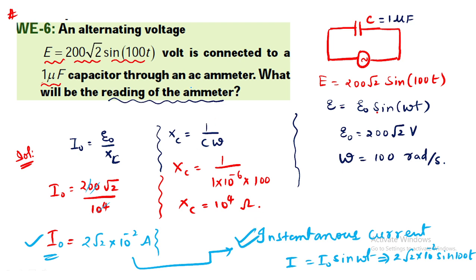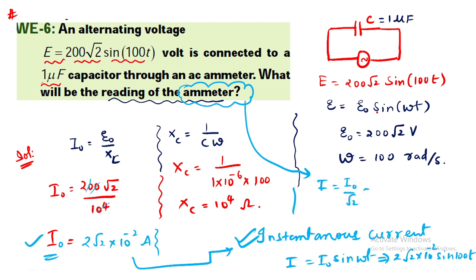But this ammeter is AC current, right? Yes or no? In AC we need to find the RMS value. So the reading of this ammeter: I is equal to I naught divided by root 2.